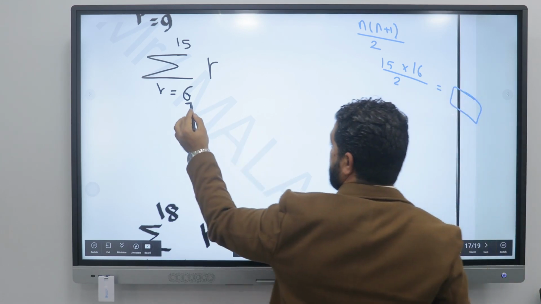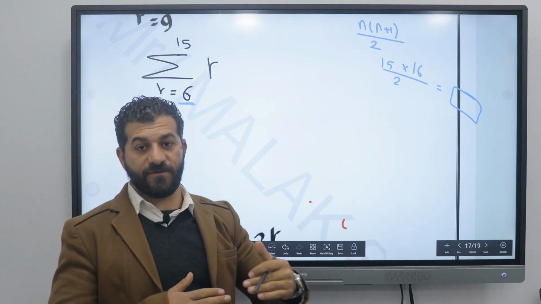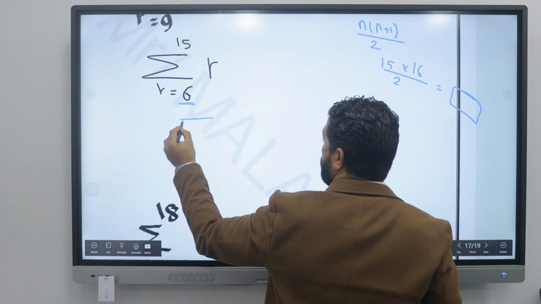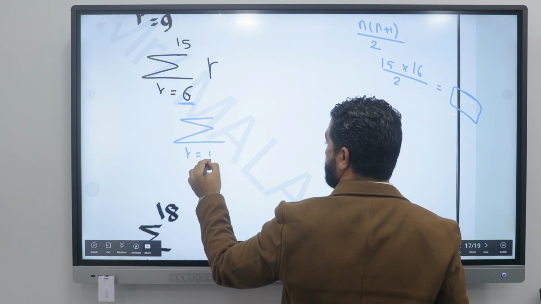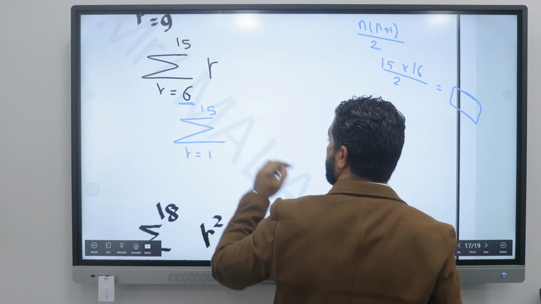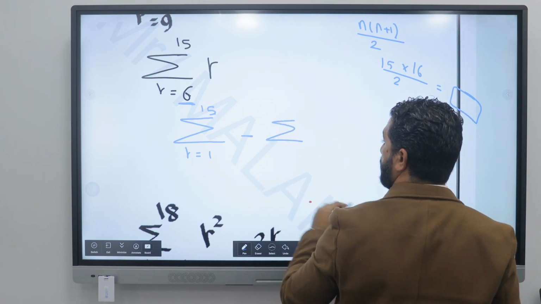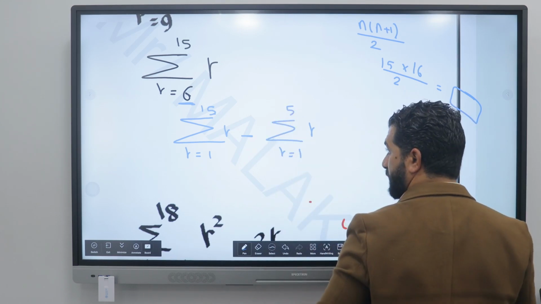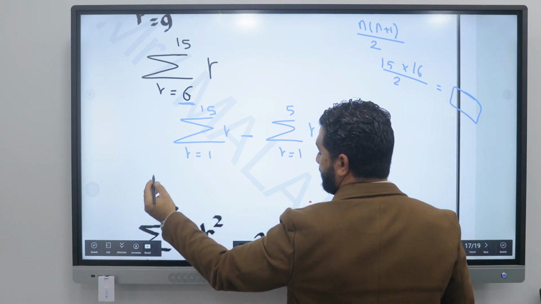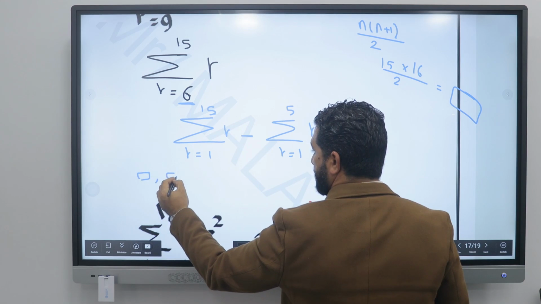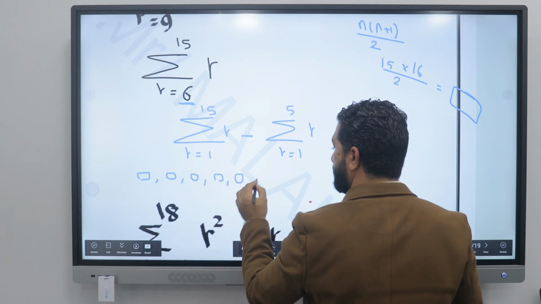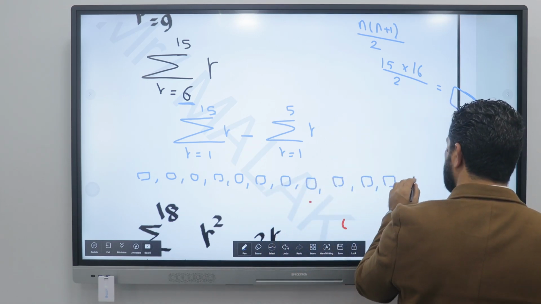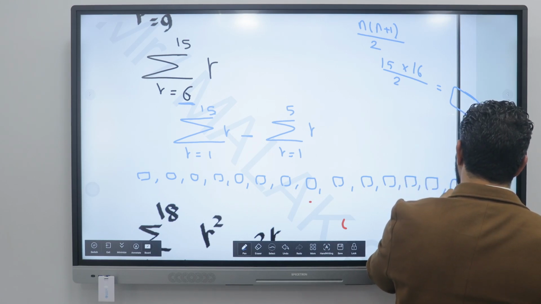That is correct, but r here must start from 1. What does r from 1 mean? From the first term. So how do I solve this one? You can do it like this: the sum of r from 1 to 15 minus the sum of r from 1 to 5. What is this, Mister? I want it from the sixth term here. The sequence goes first, second, third, fourth, fifth, sixth, seventh, eighth, ninth, 10th, 11th, 12th, 13th, 14th, 15th.